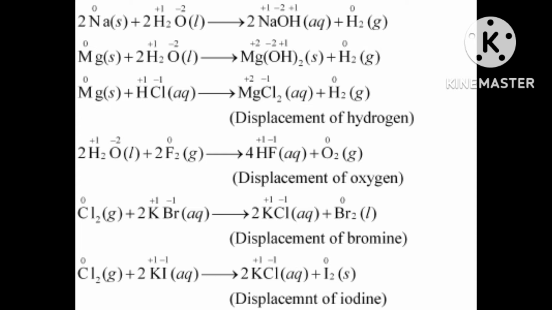F2, fluorine gas, has an oxidation number, or oxidation state, of 0. Then 2H2O plus 2F2 gives 4HF. Here H is plus 1 and F is minus 1, and oxygen is going out.